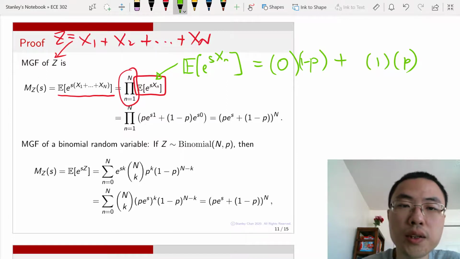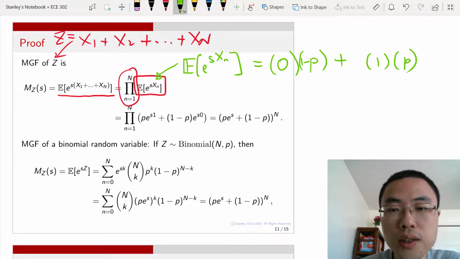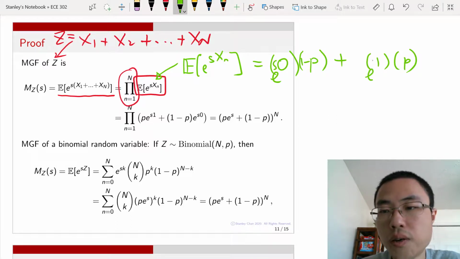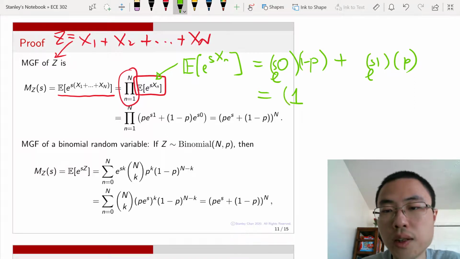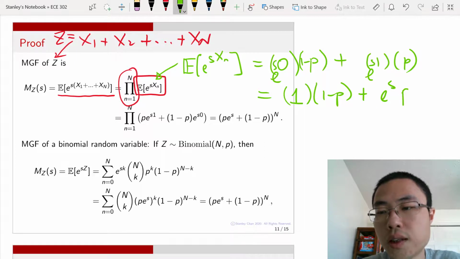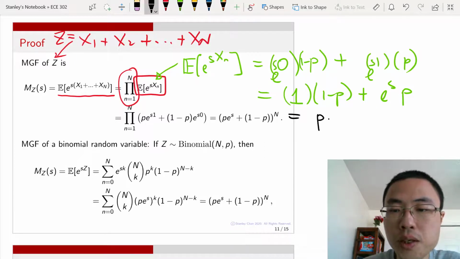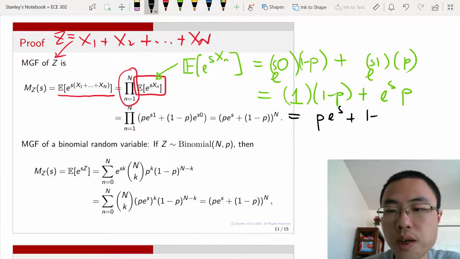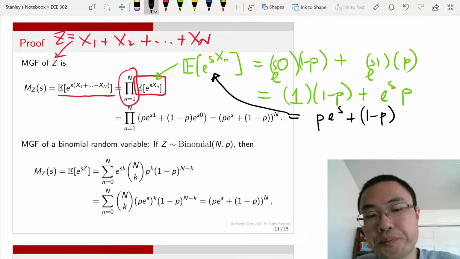So that would be the expectation. Now, the interesting thing is that you're not talking about just the state of 0. You are taking e to the power s times 0 and e to the power s times 1. And so what do you have? You have 1 times 1 minus p, and then you have e to the power s times p. So you will have p e^s plus 1 minus p. That is your moment generating function here.